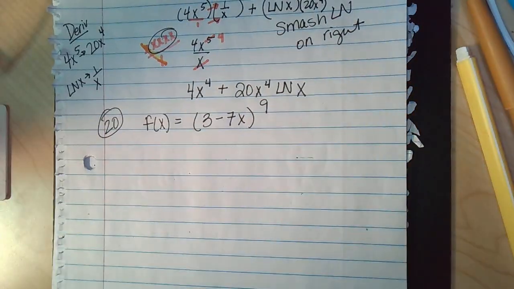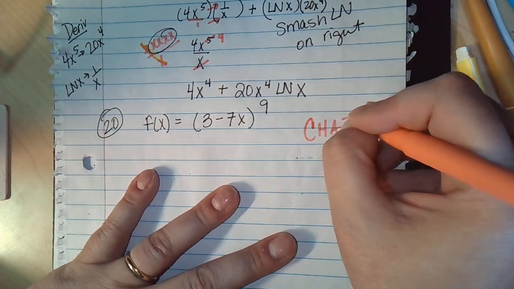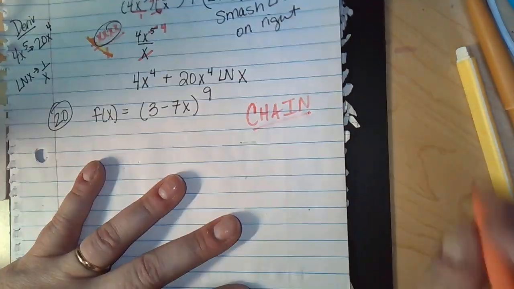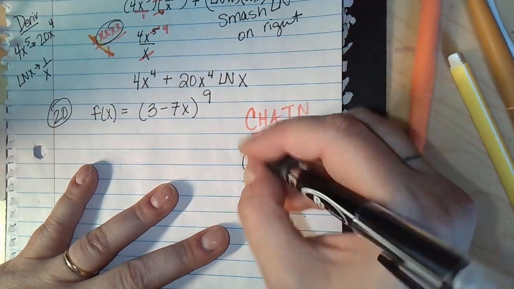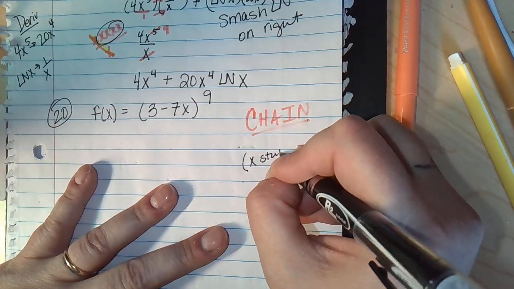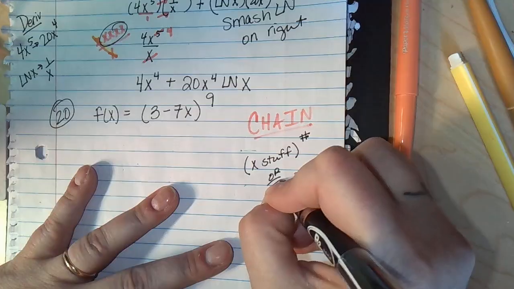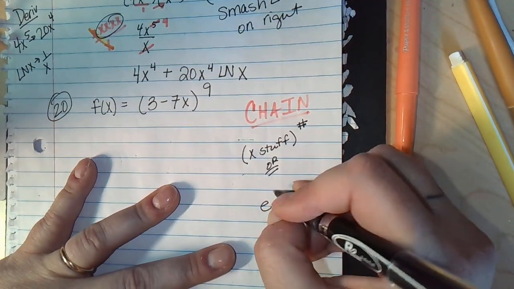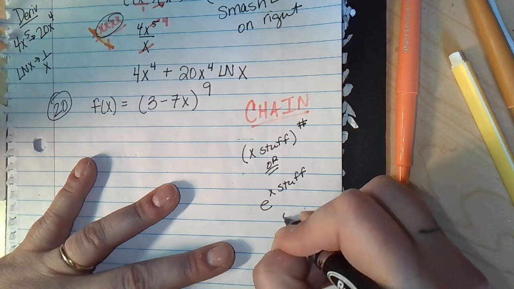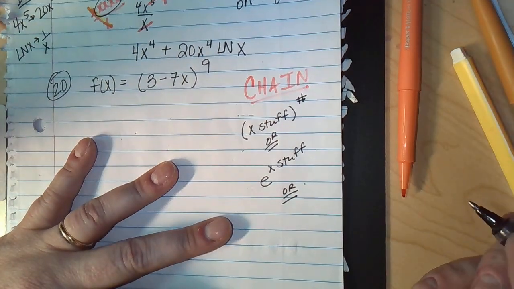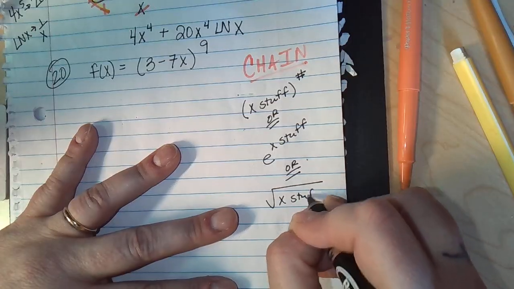The way you know when to use the chain rule is if you have a bunch of x stuff to a number, or you have e to a bunch of x stuff, or you have, what is it, like square root of x stuff. Okay, we'll talk about it later.